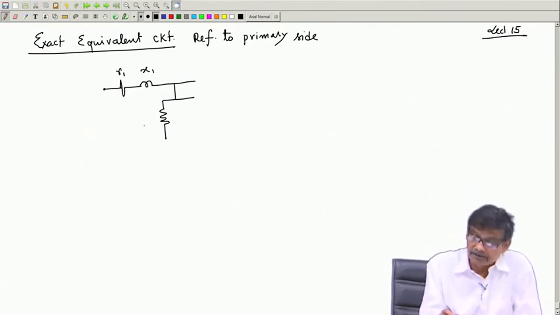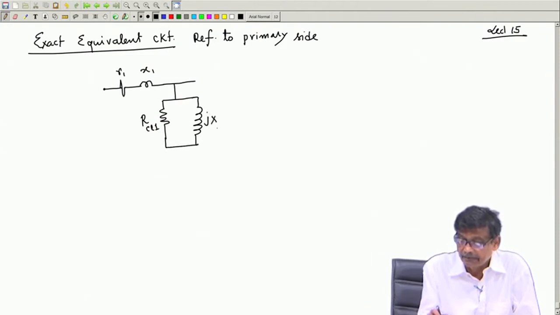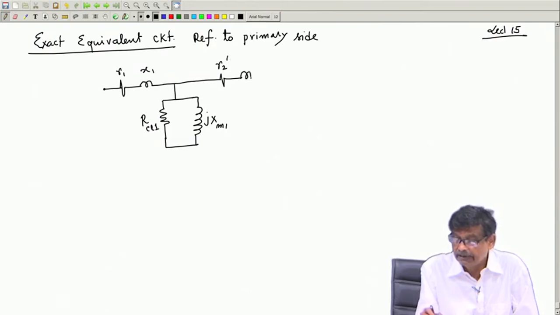V square by R will be this power, and I will call it R core loss, referred to primary side 1, and here is the magnetizing branch of reactance jXM1. And then the reflected resistance of the secondary side is R2 dashed and X2 dashed.